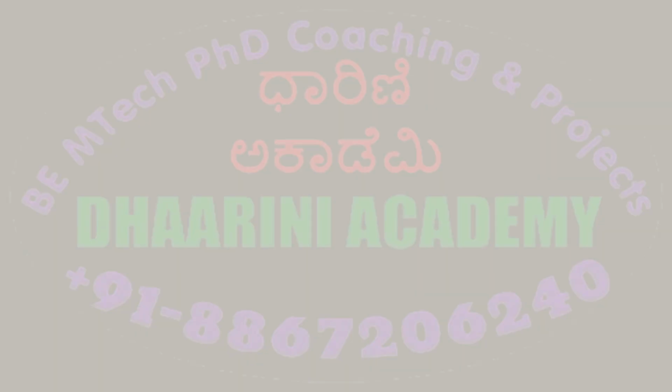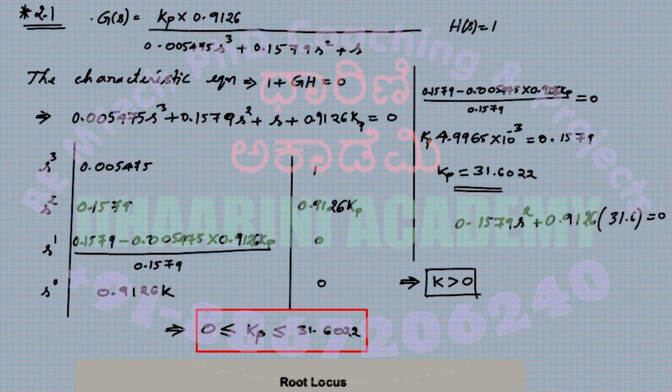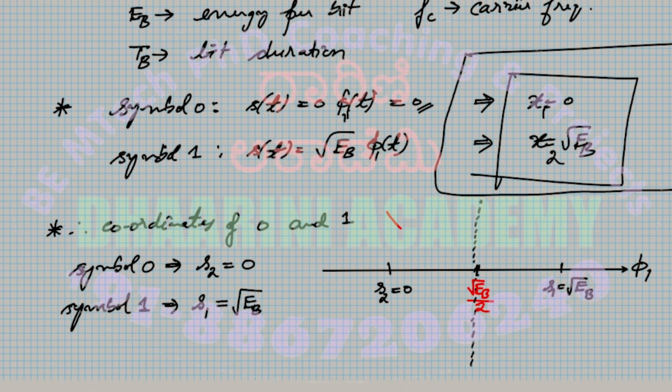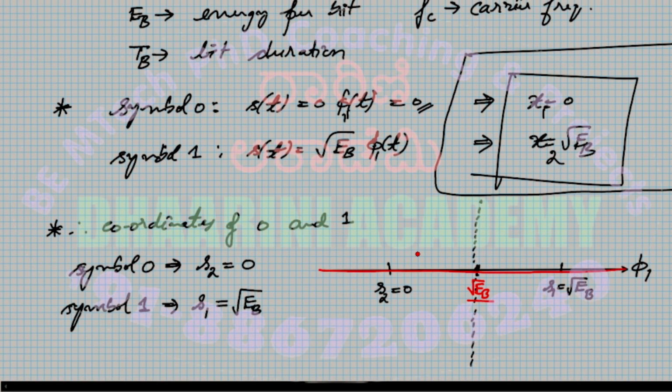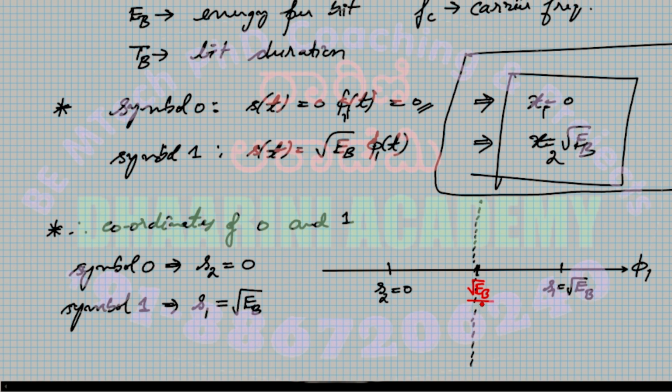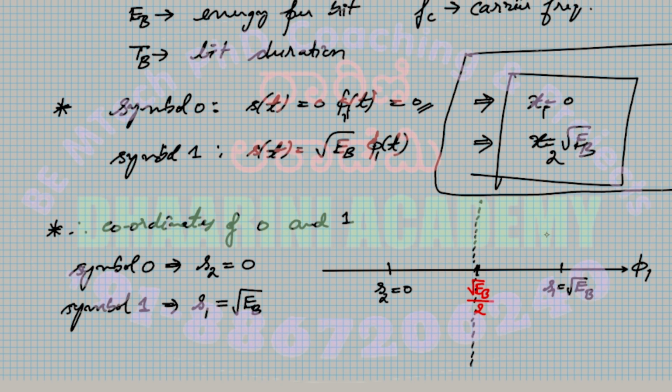Whatever you receive will be on this axis, always on this one-dimensional phi 1 axis. So that means I have to divide the whole axis into two parts. Let's try to divide that. This is how it's going to be divided.